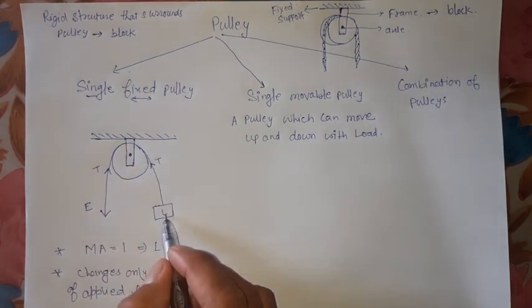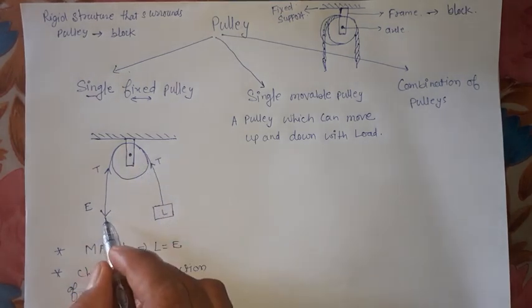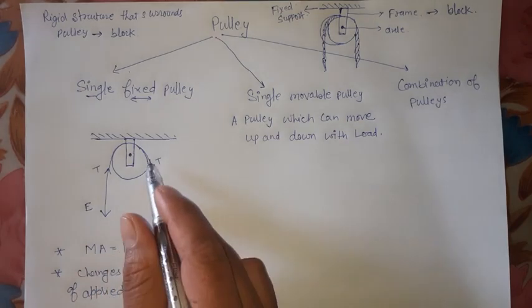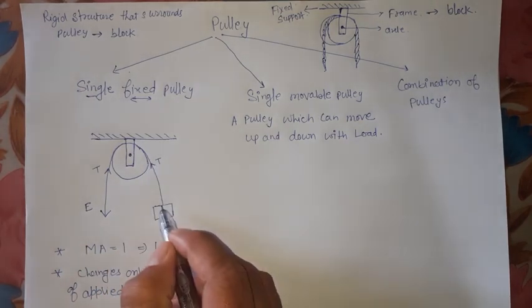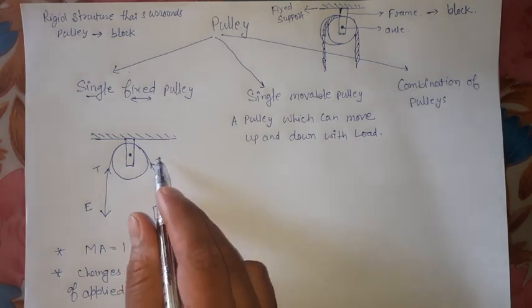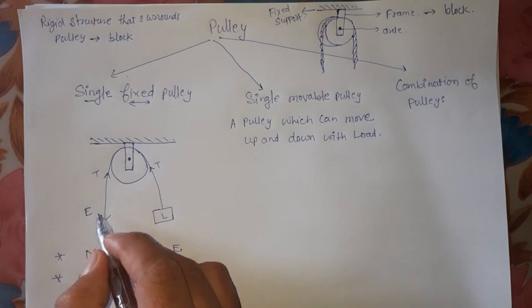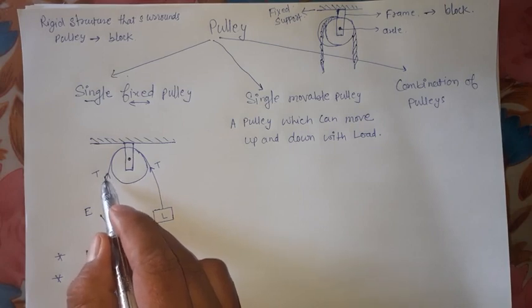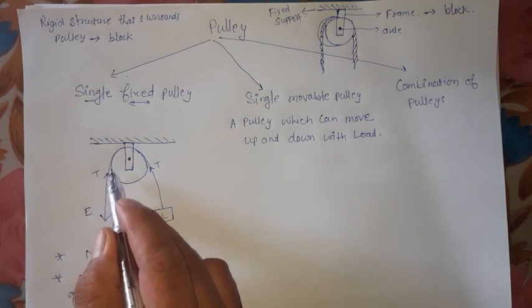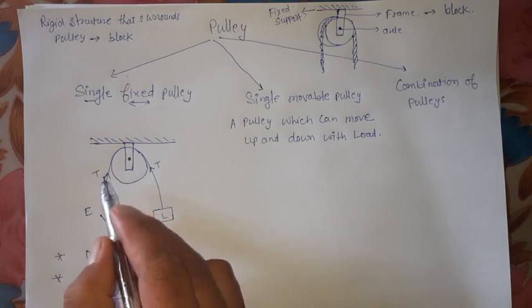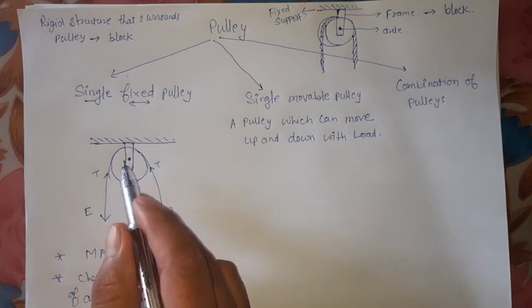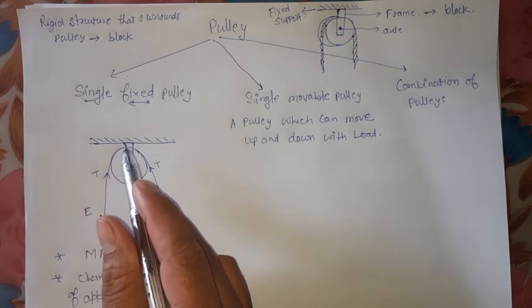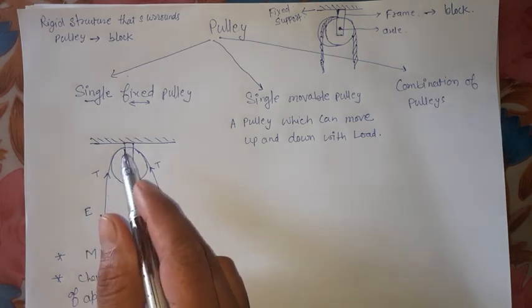On one side of the rope there is the load, and on the other side there is the effort. The side of the rope at the load tends to pull it upward, so the tension is upward, while on this side we apply the force downward, which is our effort. The rope tends to pull us upward, so the tension is upward. I always try to show this to the fixed point.